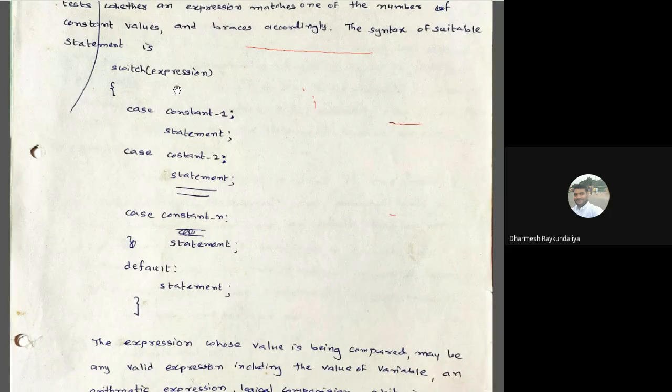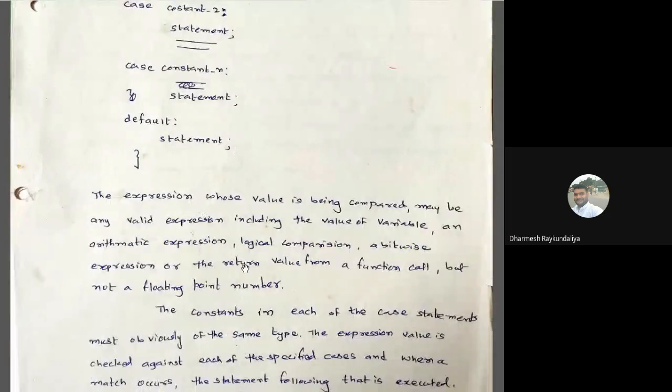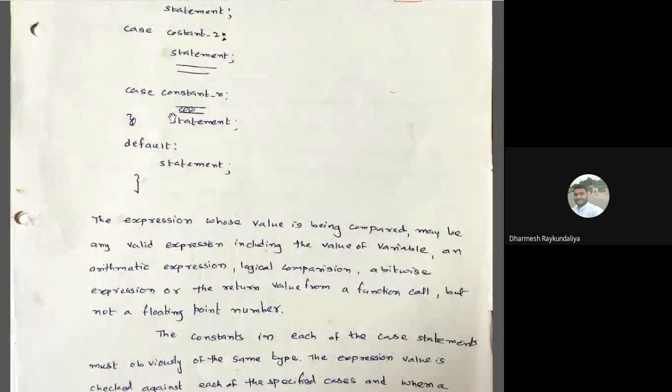It may be any integer value, or any constant character, but it should not be a floating point number. It may be the return value of some function. If you call some function which has a certain result, that result may also be an expression, but it should not be a floating point number.